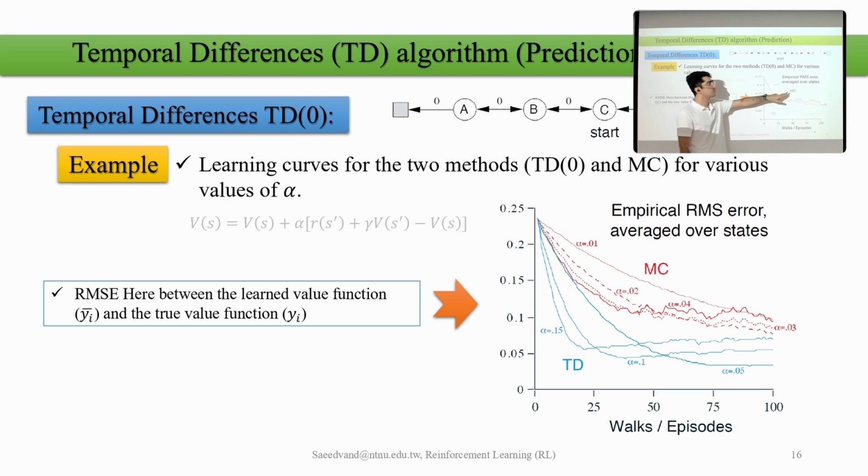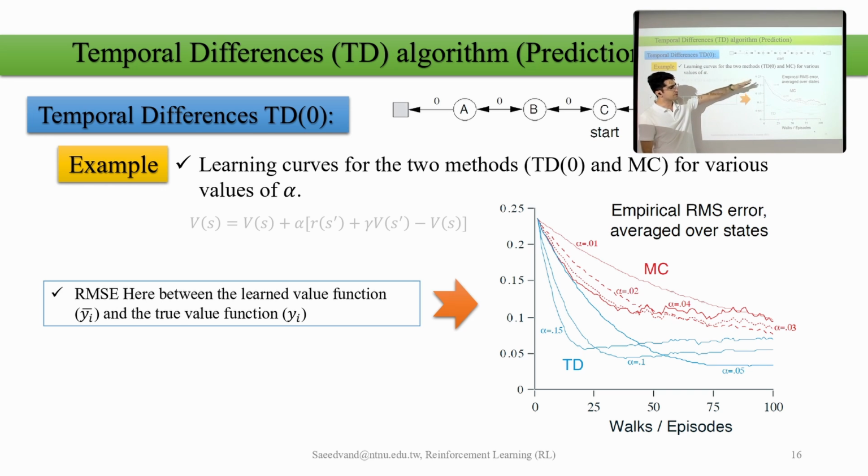And we run Monte Carlo with different learning rates. The Monte Carlo algorithm that we have already seen, with different learning rates. For example, alpha is 0.1, 0.01.